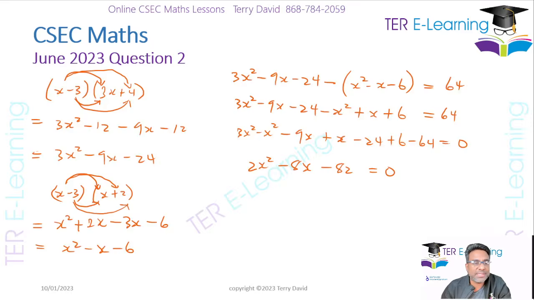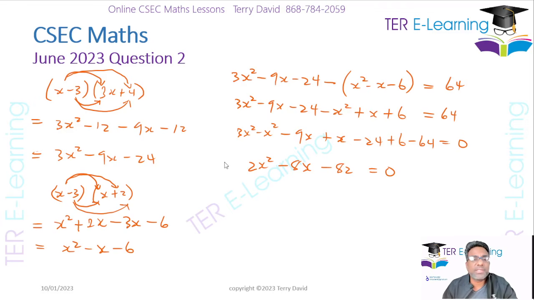Right, now let me just double check that question there, make sure I don't have any issues with it. Give me one sec. All right, so it's x minus 3 by 3x plus 4. And the next one is x minus 3 by x plus 2.